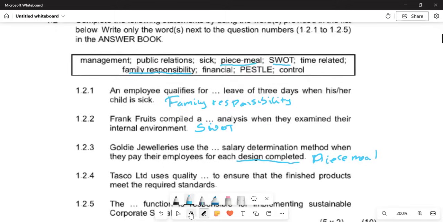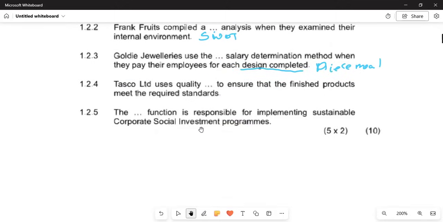Piecemeal. So now we're moving on to where it says Taskwell TD uses quality control to ensure that the finished products meet the required standard. The finished products are going to meet what? Required standard. So what are they going to use?